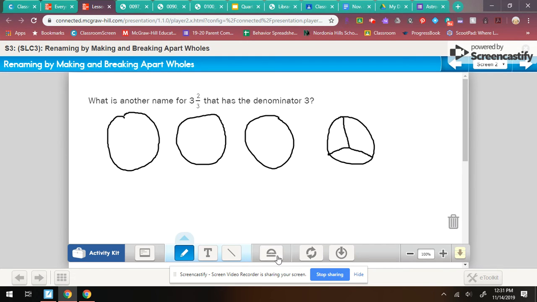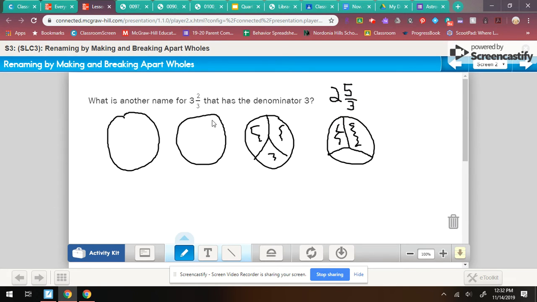So can I think of another name for 3 2/3? Well, can I take this whole and split it into thirds? So now I have, let's shade in, I only have 2/3 of that. And I have 3/3 of this. So I could say 2 and 5/3 would be another name.